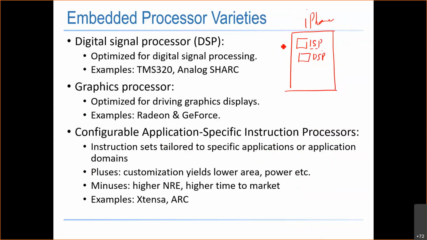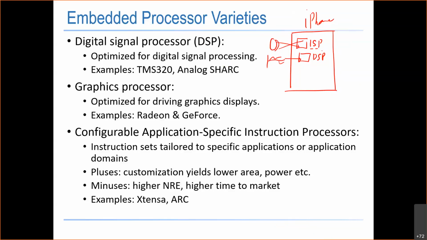These process the pictures coming from your camera lens going into the ISP, or your audio when you're speaking through the microphone going to your DSP to be processed. So you may find these special processors for certain applications where you need a very tight processing time and very specific application. ISP and DSP are examples of DSP processors.